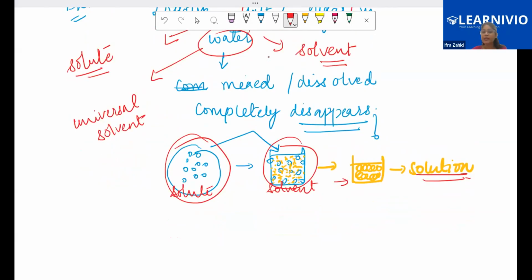So that is why there is no increase in volume of this liquid, even after you're dissolving the salt. Volume will not be increased because where is the salt going? In between the gaps which were already present. It's not taking up any extra space. Clear?